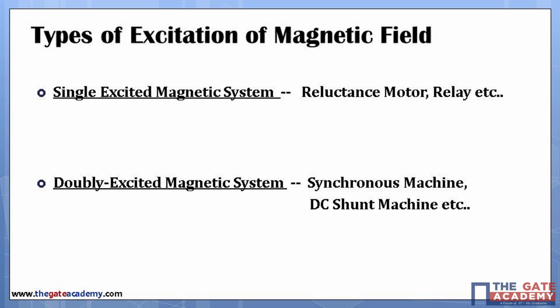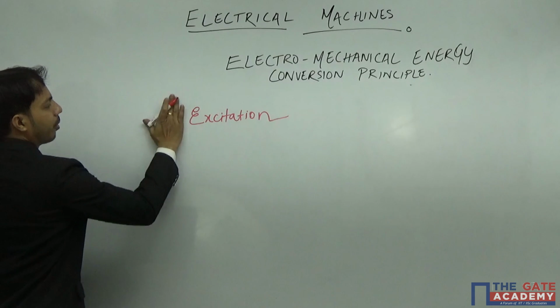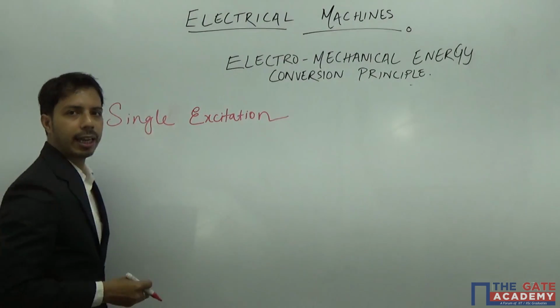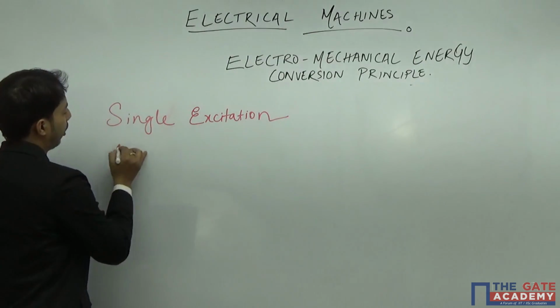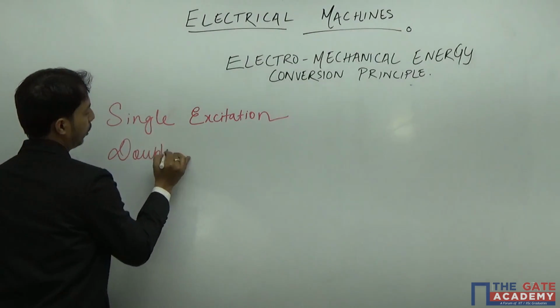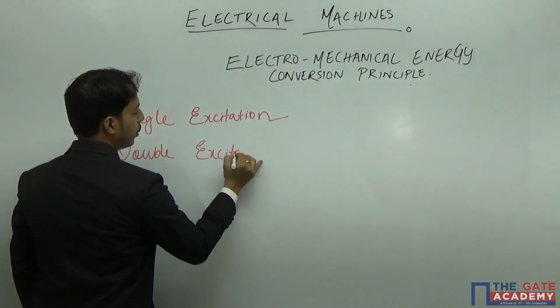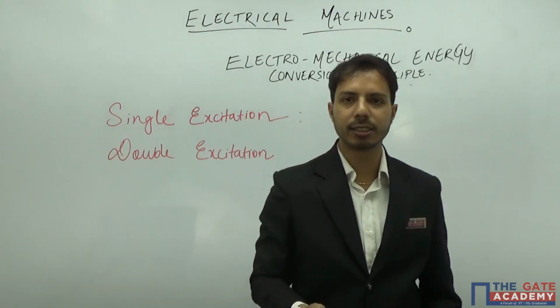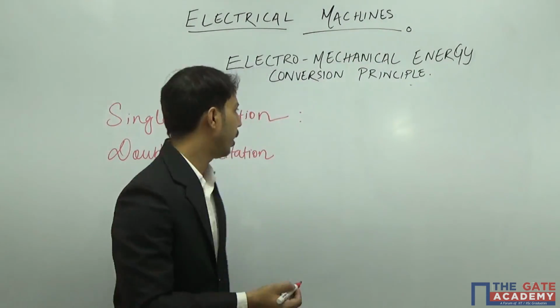If you look at your PPT, you will see there are two types: singly excited magnetic system, or single excitation, and one more type, double excitation or doubly excited system. A simple example of single excitation is a relay.